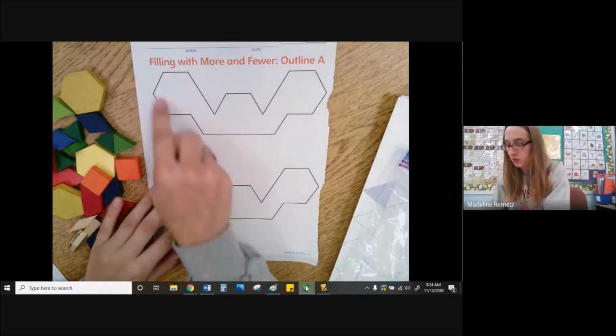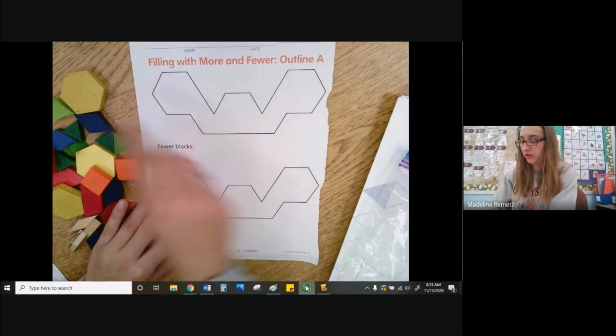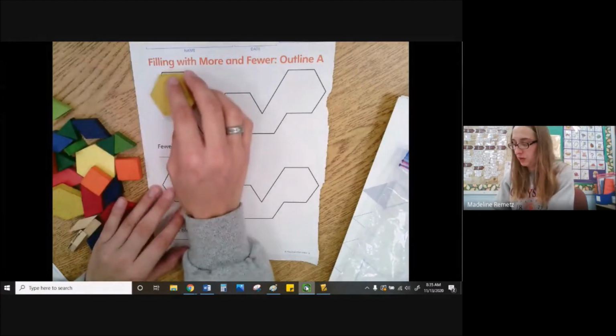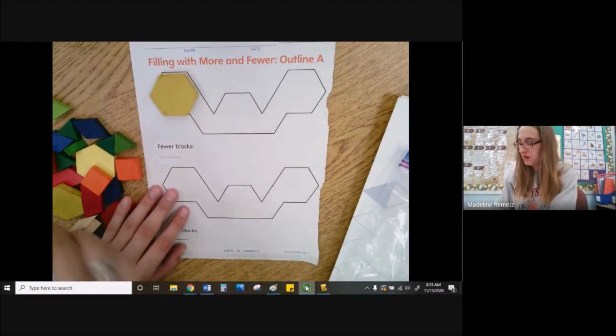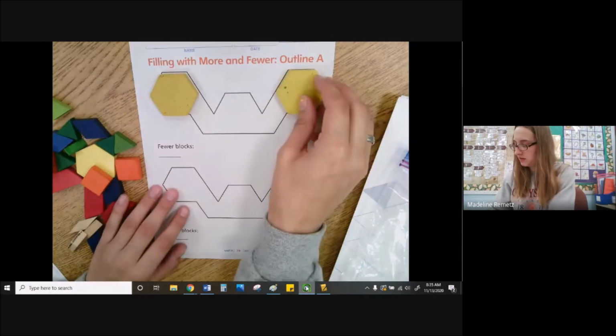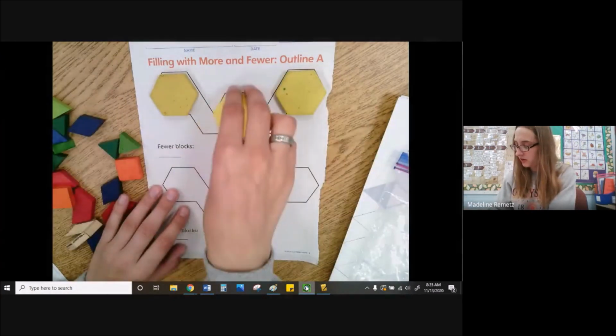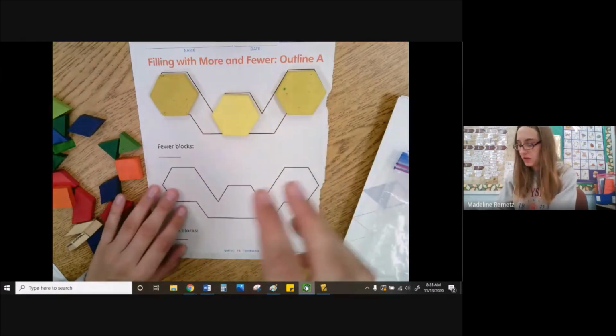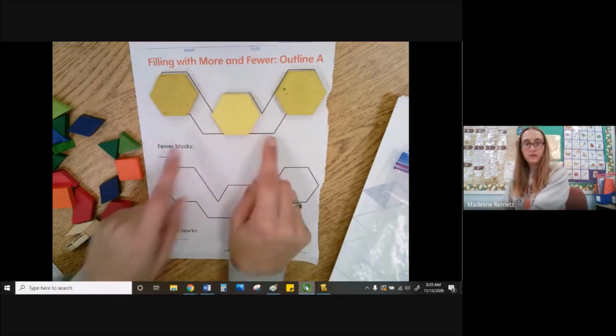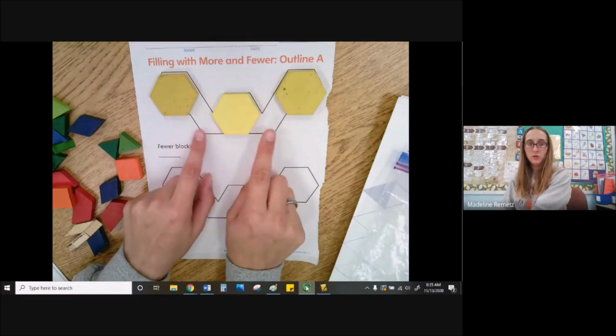Well, I don't know about you, but I'm already seeing one shape that can fit here for sure and fill up that whole area, a hexagon. Can a hexagon fill up this space? Possibly. Oh, yes. And then here again. So now I could fit some bigger shapes in here, or I could fit some smaller shapes and use more blocks.